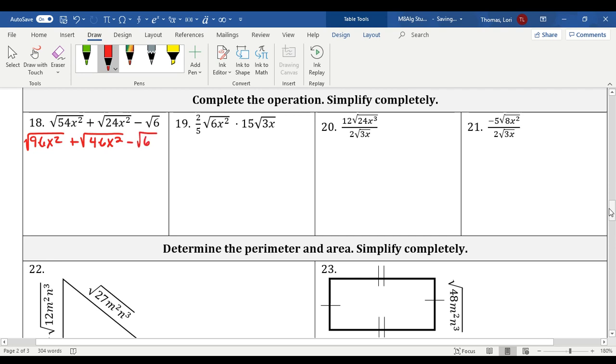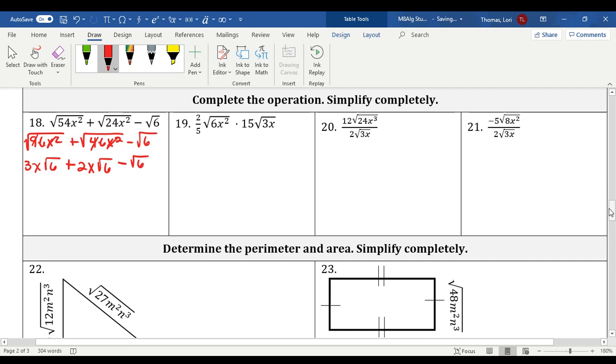So the square root of 9 is 3, the square root of x squared is x, radical 6, plus the square root of 4 is 2, x squared is x, radical 6, and we have minus 1 radical 6.